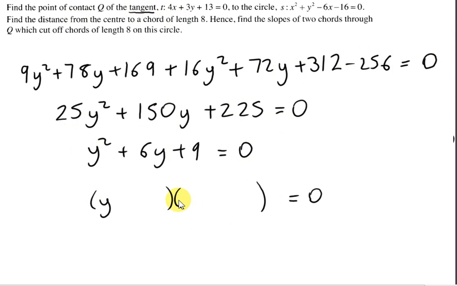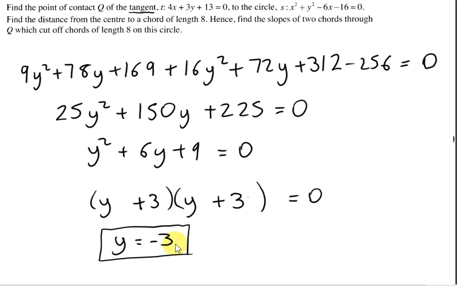The factors of y squared are y times y, so these two numbers must be identical. We can't have minus 3 by minus 3, so we must have plus 3 by plus 3. You put each factor in turn equal to 0. Well, the factors are the same, so we get just one solution, y equals minus 3.